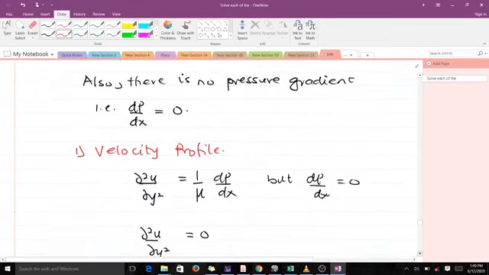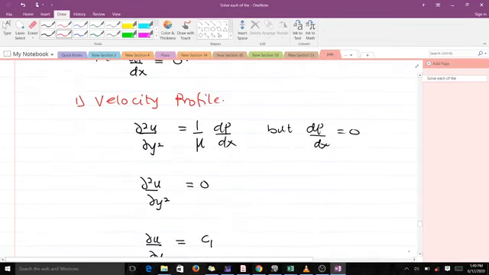Now let's find the velocity profile. In the equation above, we have this, but for the Couette flow there is no pressure gradient. It's equal to 0. When you put the 0 here, you get del squared u over del y squared equals 0.